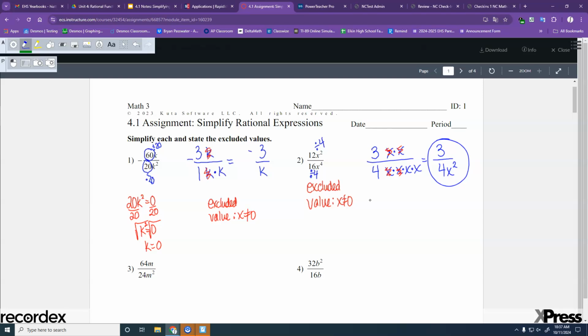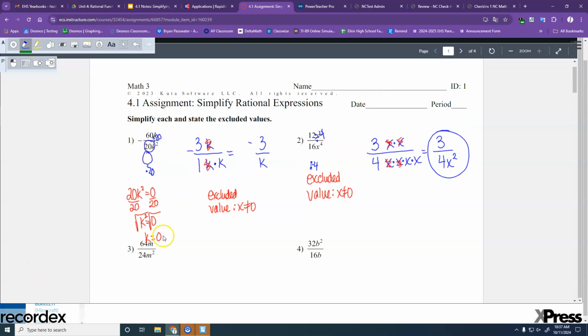If you don't have any plus or minuses, if it's just a variable multiplied by something, even if it's squared or something, it's pretty much always 0. Because if you put a 0 there, 0 times anything will do 0. So like 3 and 4, the excluded value would also be 0 for that. Okay. Let's skip down and do 5.